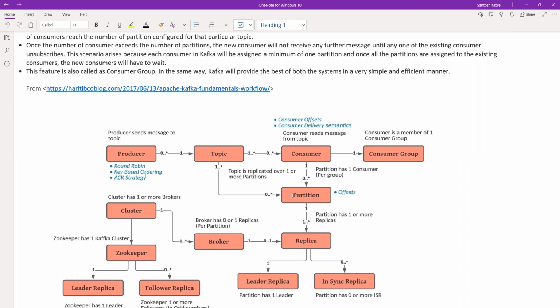Yeah, you can say that, but if you look at the way the partitions are designed, they are very huge partitions, and they talk about hundreds of thousands of messages being stored, so it is capable of doing it. But what you say is also valid.